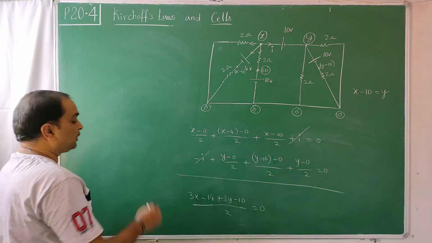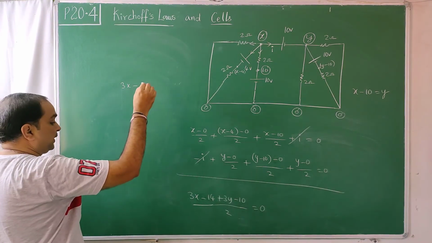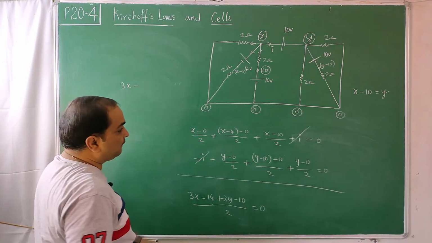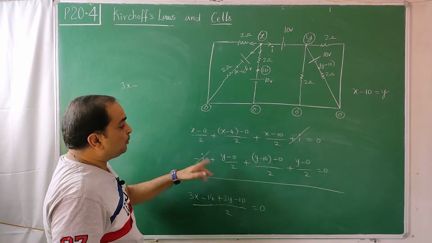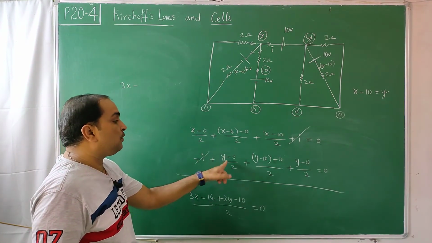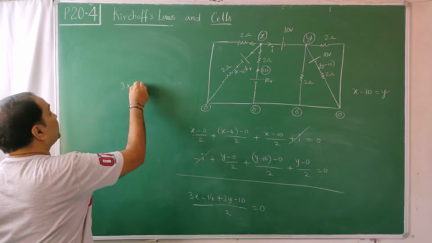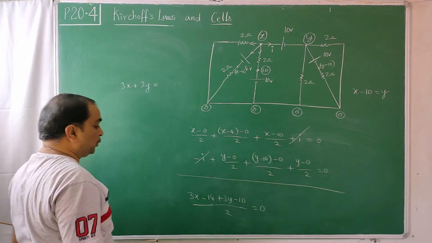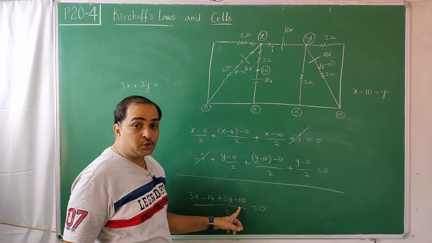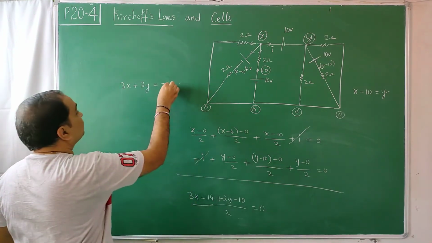So you are getting 3x plus 3y. You have added them to cancel them. One is plus, one is minus. So addition of y will be positive. So 3x plus 3y is equal to minus 14 minus 10, minus 24 goes that side, becomes 24.